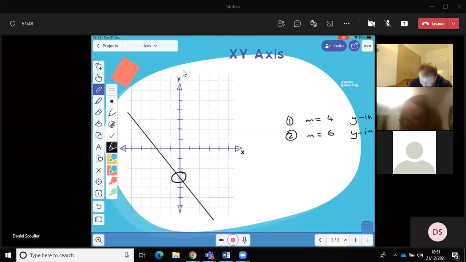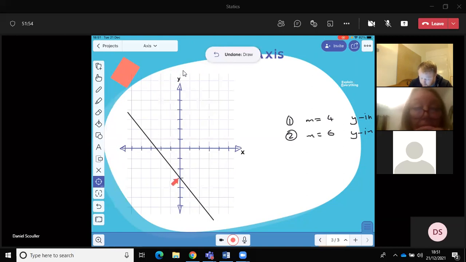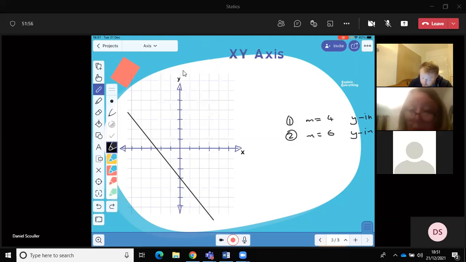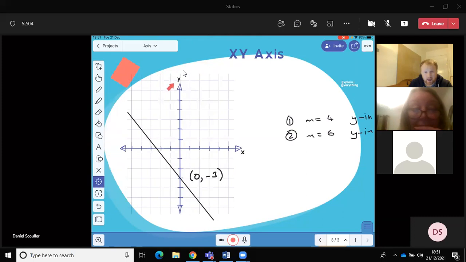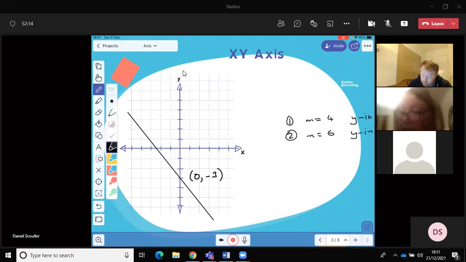The coordinate for that point would be x is equal to 0 and y is equal to -3. That's where it's cutting through the y-axis. So the y-intercept is always when x equals 0.